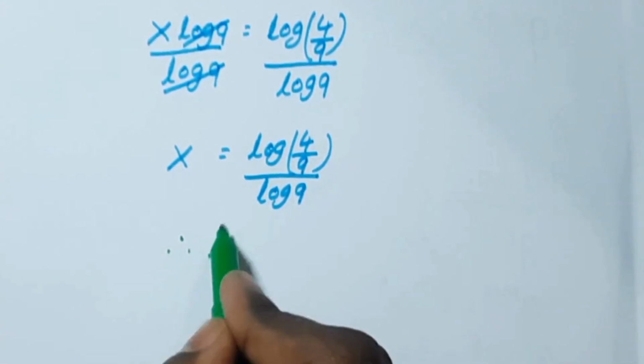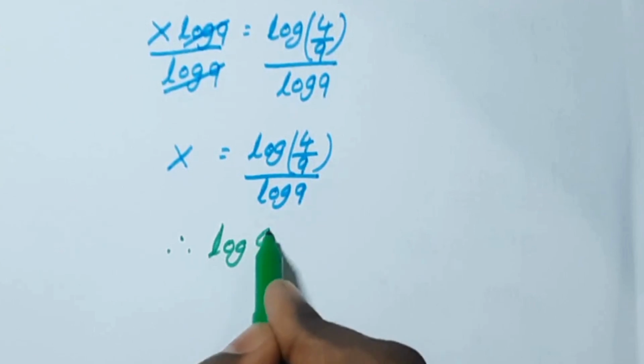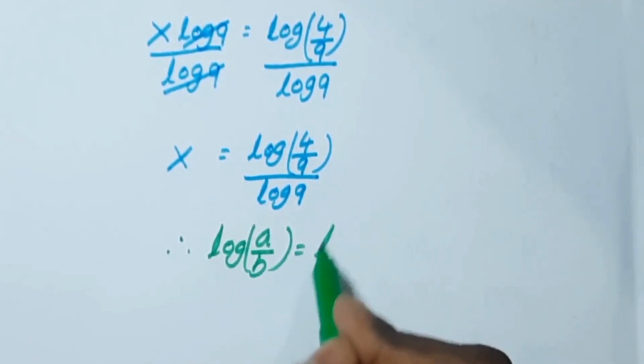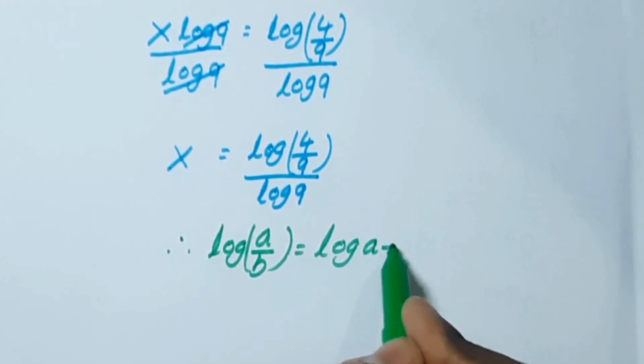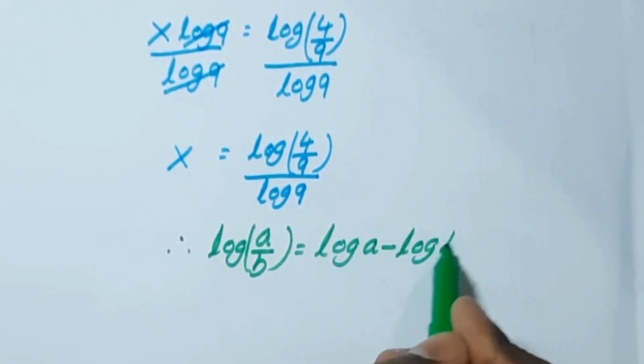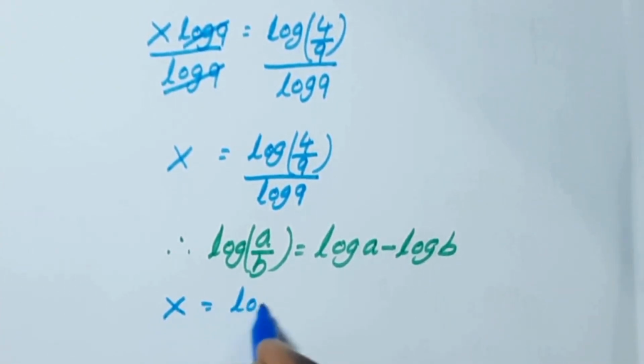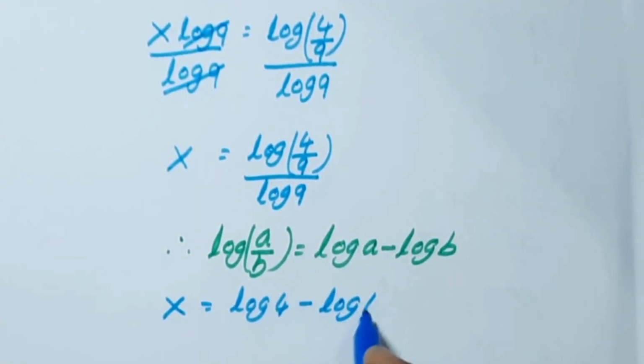Now we know that log a by b = log a minus log b. So x = (log 4 minus log 9) by log 9.